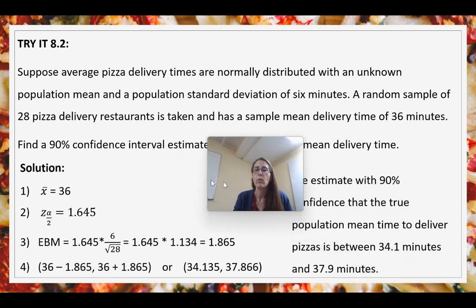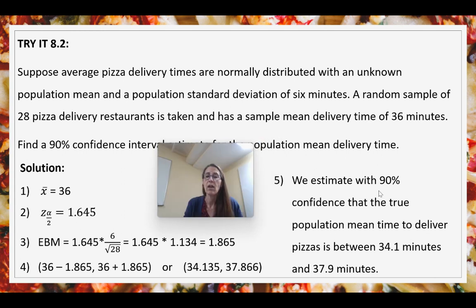We would say that we estimate with 90% confidence that the true population mean time to deliver pizzas is between 34.1 minutes and 37.9 minutes. So I stated the confidence level, the population parameter that we are estimating, and the confidence interval with the appropriate units, minutes in this case.